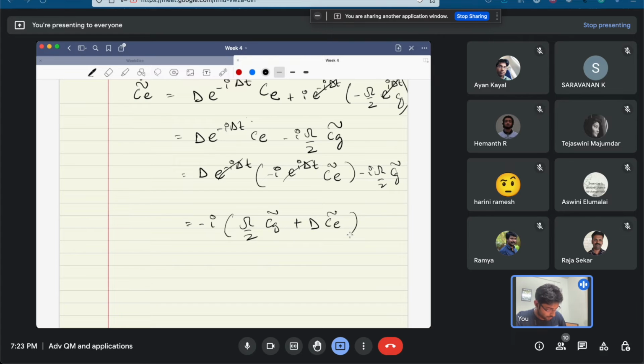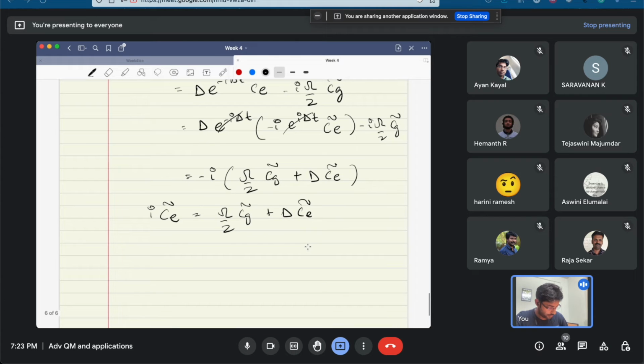And if you write your i CE tilde here, this essentially reduces down to this.